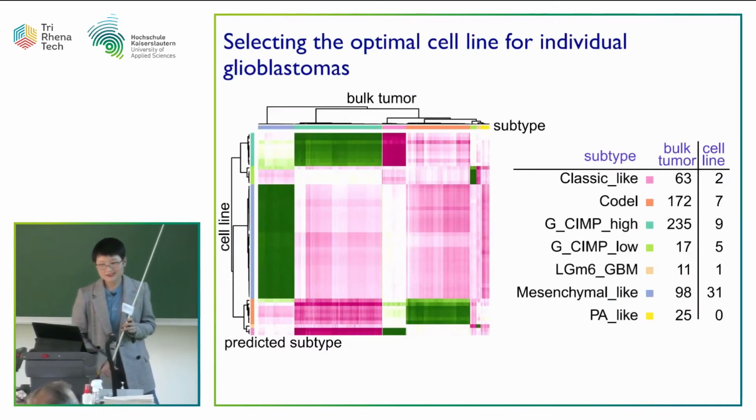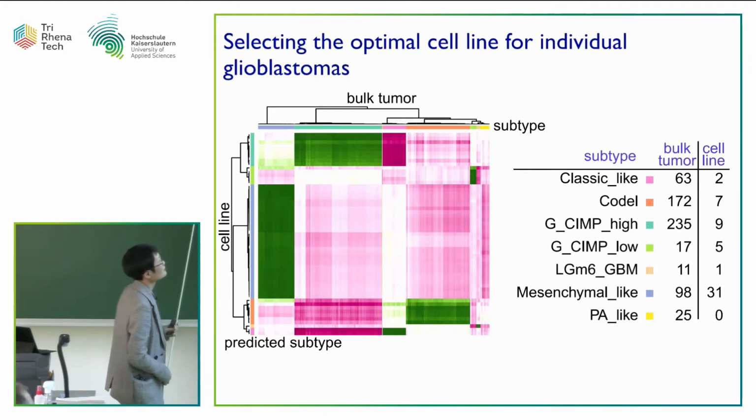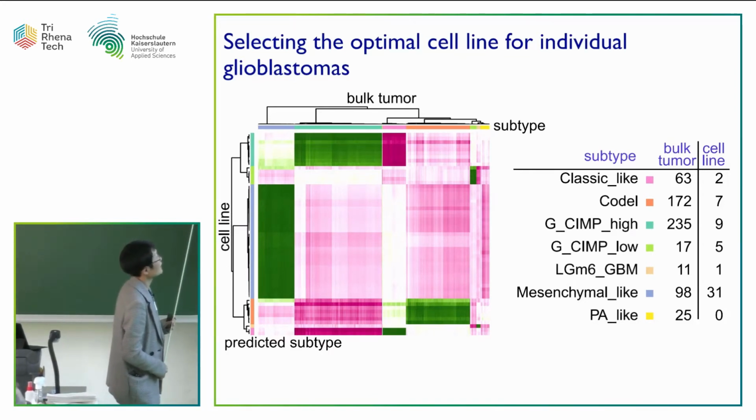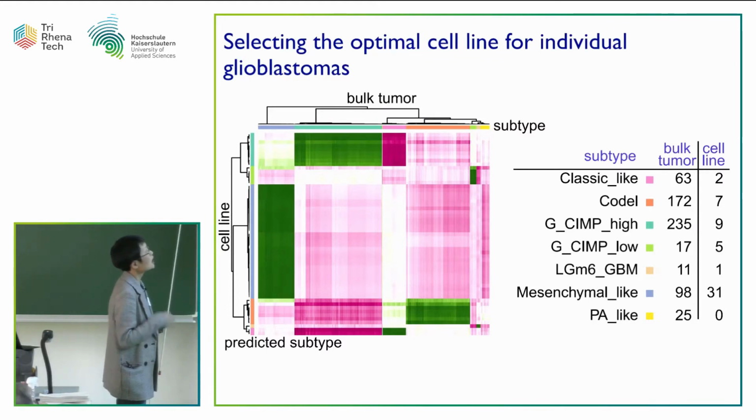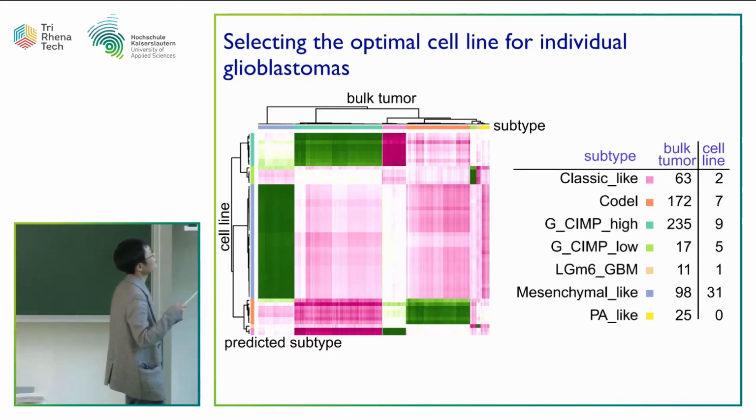And then with the high performance of MFmap, we are able to select the best cell lines for individual tumors. Using this similarity matrix, each row is a cell line, and each column is a bulk tumor.